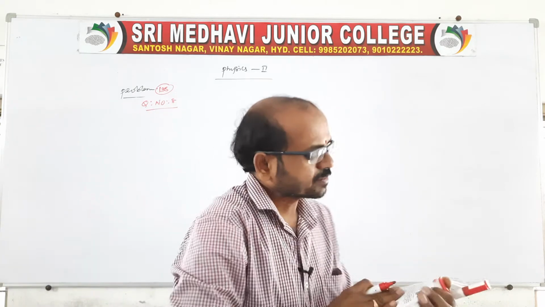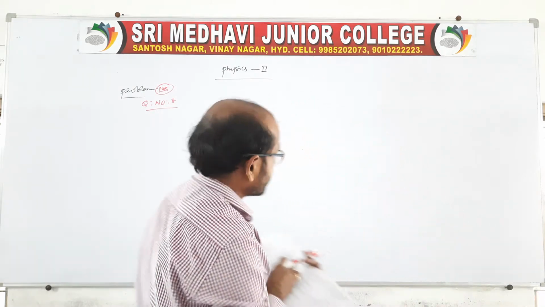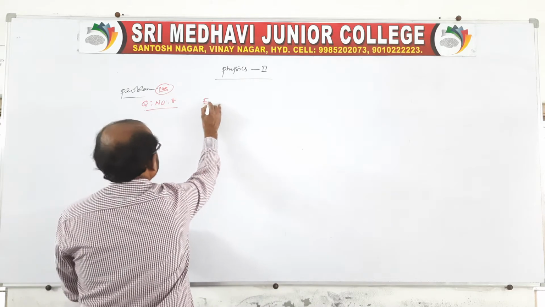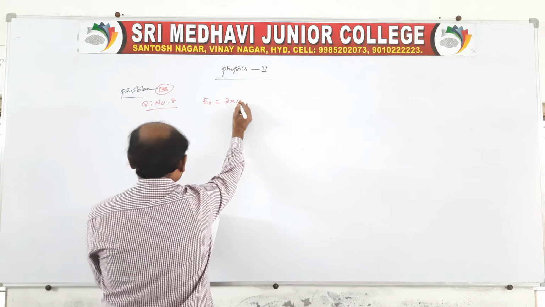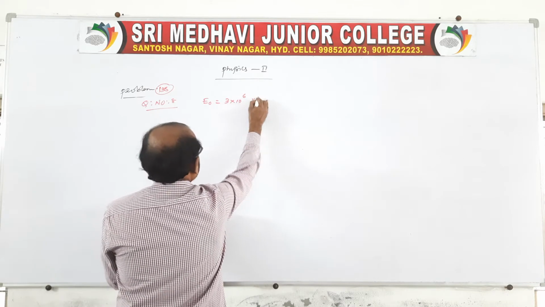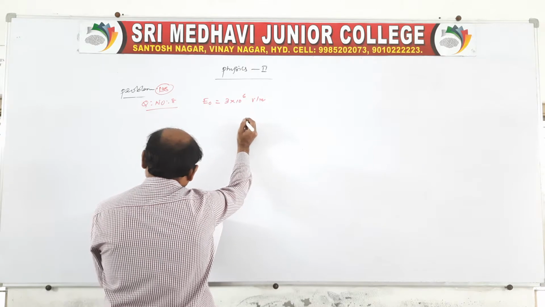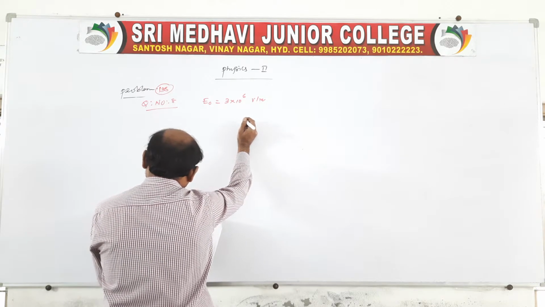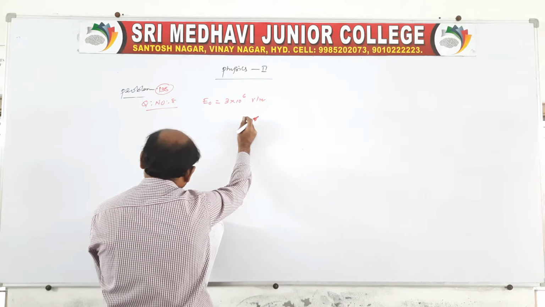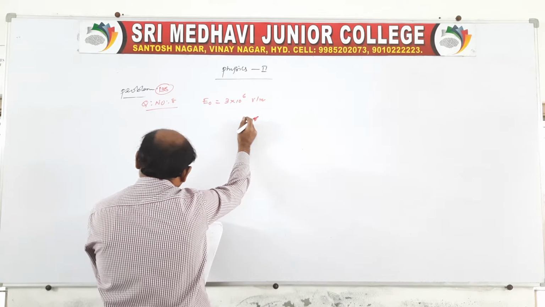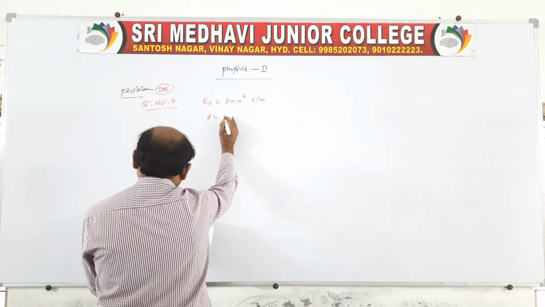So it is a very simple question. The dielectric strength of air, taking air or free space, is given as 3 into 10 power 6 volt per meter. At a certain pressure, there is a parallel plate capacitor with air between the plates, and the plate separation, the distance between the plates, is given as 1 centimeter.